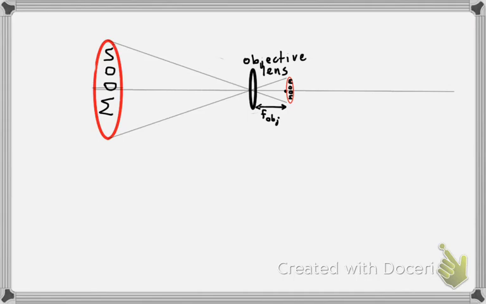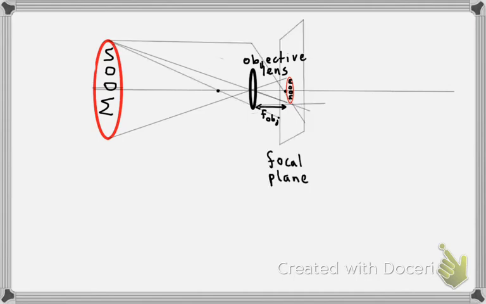Now, different parts of the moon are going to be focused at different locations, but all of the light coming from the moon will be focused at what's called the focal plane. The top of the moon will be focused on the focal plane below the optical axis, and the bottom of the moon is going to be focused above the optical axis on the focal plane.